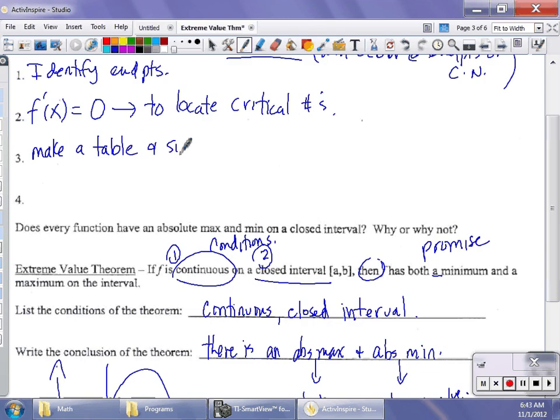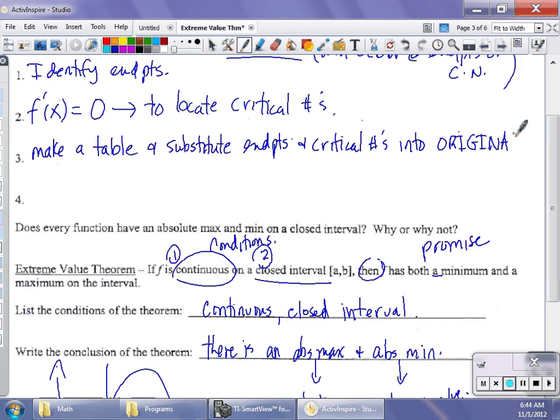And substitute endpoints and critical numbers. This is important because kids get mixed up here. Into the original function.